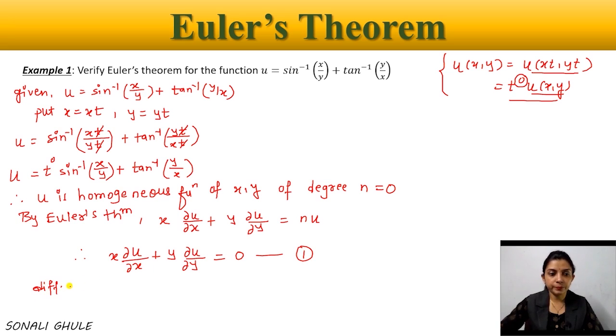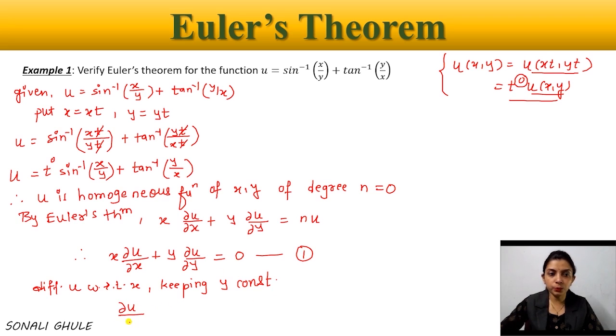differentiate u with respect to x, and while differentiating with respect to x, we have to keep y constant. Okay, because u is a function of two variables, so this will give us a partial derivative, right?